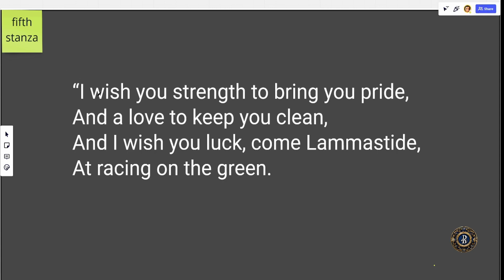In this stanza, we get a clue as to why this speaker killed his own brother. Here he wishes Terence, I wish you strength to bring you pride, because he lost his own pride by killing his own brother. And what can be the reason? Here in the second line, he gives a clue, and allowed to keep you clean.